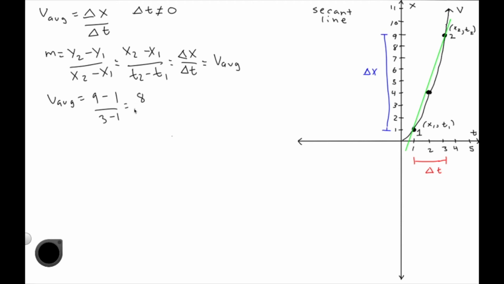And that's going to be equal to 8 divided by 2, which is going to be the same as 4. So our average velocity between point 1 and point 2 is going to be equal to 4.